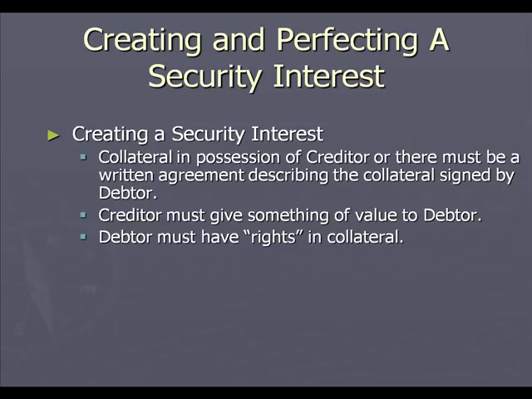And the third one is the debtor can't give the bank rights to the collateral if the debtor doesn't have rights themselves. Now, it is possible that the debtor could have something less than complete ownership of the collateral. The debtor could have a partial ownership interest in the collateral, and so they would give that partial interest to the bank. Whatever interest they have can be used.